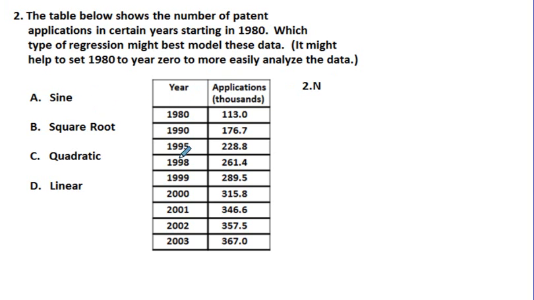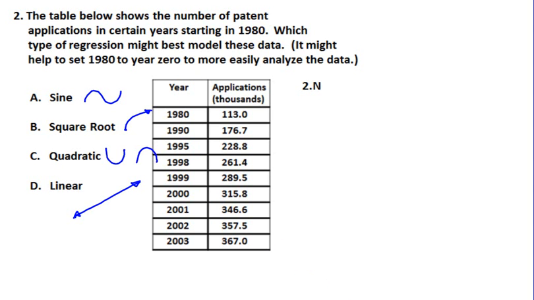And so we're going to just plot the data and see if the data can best be modeled by a sinusoidal curve, something like this, a square root curve that's going to look something like this, a quadratic that's going to be sort of either an upward curve or a downward curve, or a type of linear relation. So we're going to look for just the shape to be one of those things, and we're just going to plot and look at it.